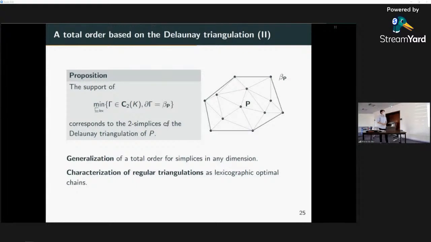And in fact, we can generalize a total order for simplices in any dimension. Using this generalization, we can also characterize regular triangulations as lexicographic optimal chains.